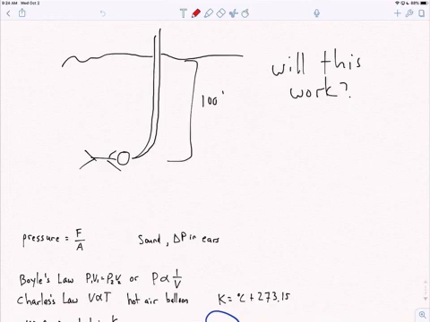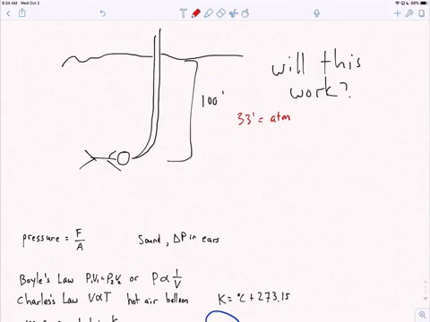Pressure, yes. You're feeling the pressure. So 100 feet of water, each 33 feet of water is the same as an atmosphere. 33 feet of water is equivalent, more or less, to the average atmospheric pressure of the Earth.